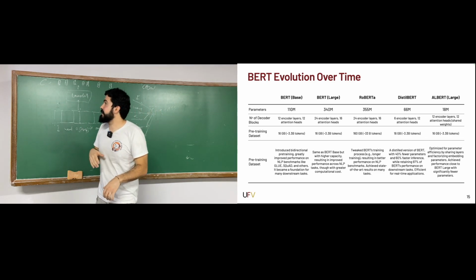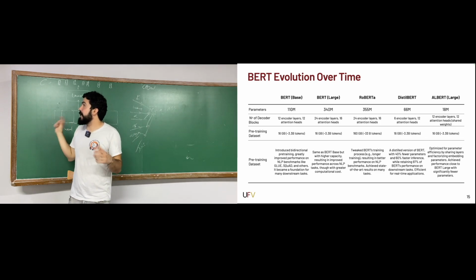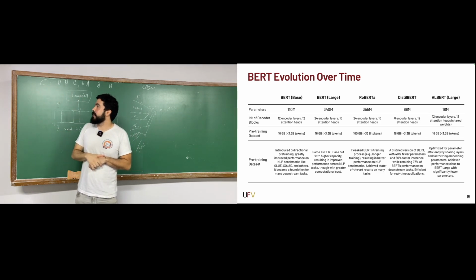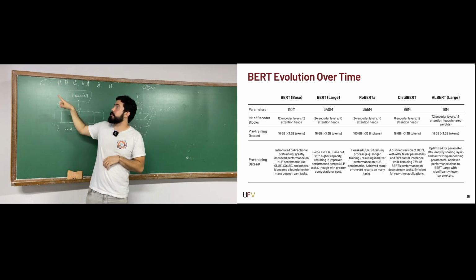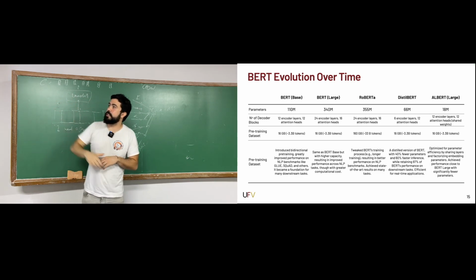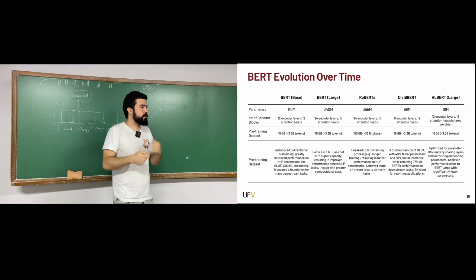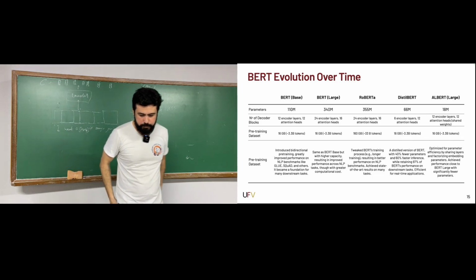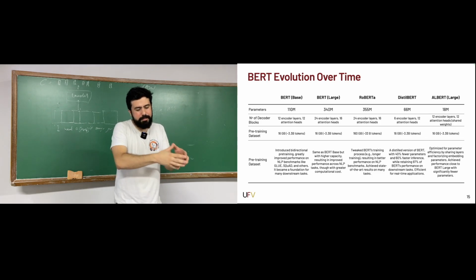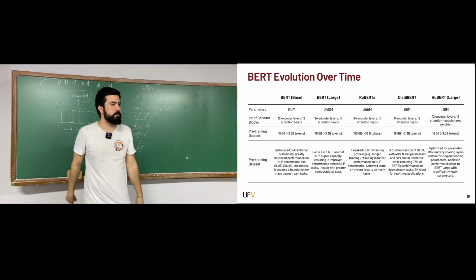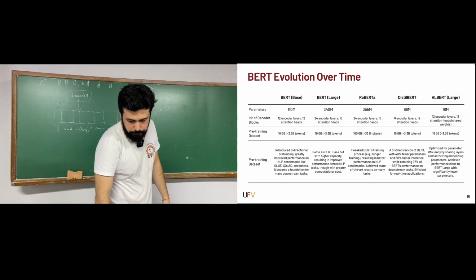So they introduced this idea, and that allowed them to have 18 million parameters for the same 12 encoder layers and 12 attention heads of the base BERT. So this was a nice improvement of the model. Obviously, whenever these new models come out, people start trying to optimize them in different ways.